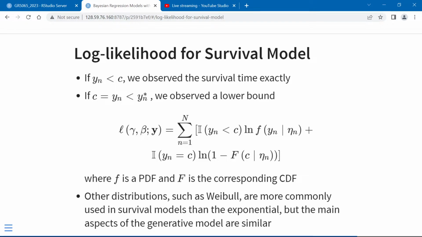So this is for the dead people, and this is for the people who were still living at the time the study ended. No big deal. Like I said, exponential is kind of a rare choice in this context. You'll see other distributions on positive random variables being used, such as Weibull.